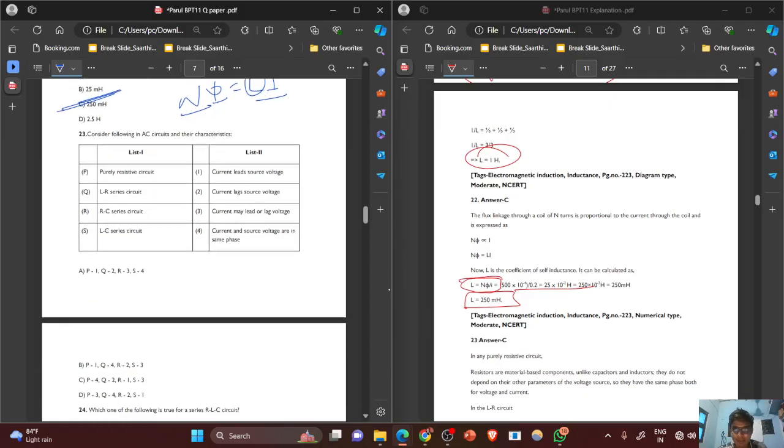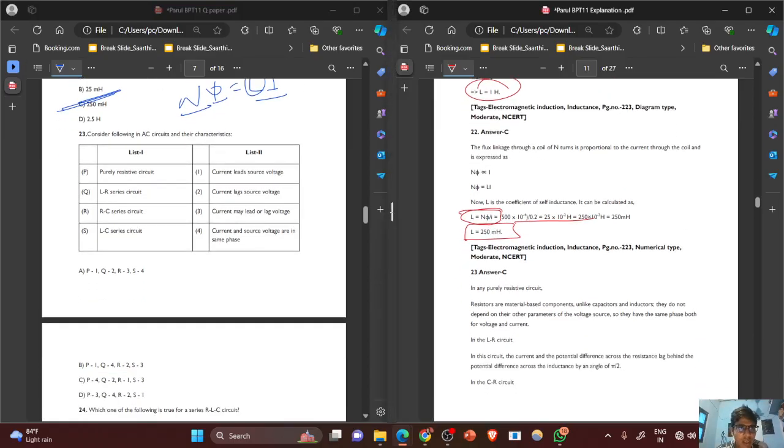Now moving ahead. Consider the resistive circuits and their characteristics. Purely resistive: current and voltage are in the same phase. Then the LR circuit and the RC circuit are asked. In the RC circuit, the current leads the voltage. In the LR circuit, the current lags.